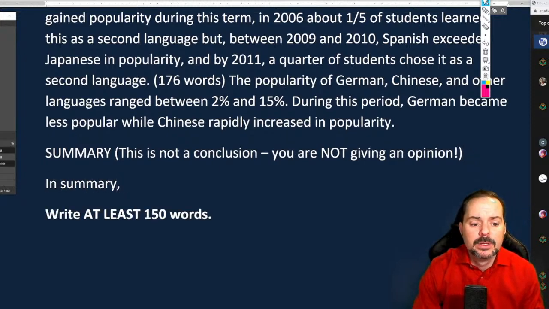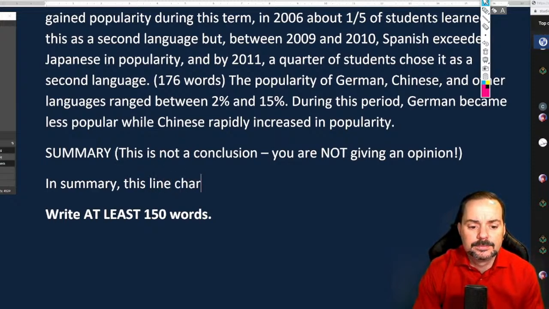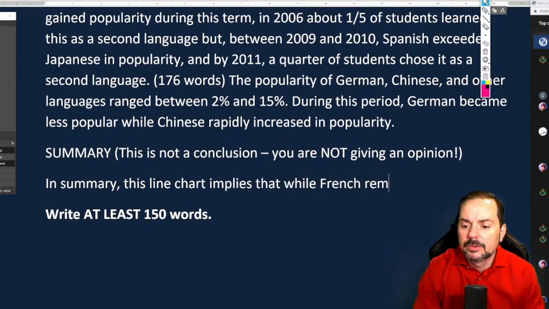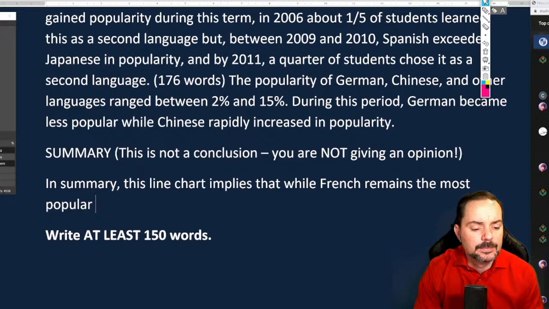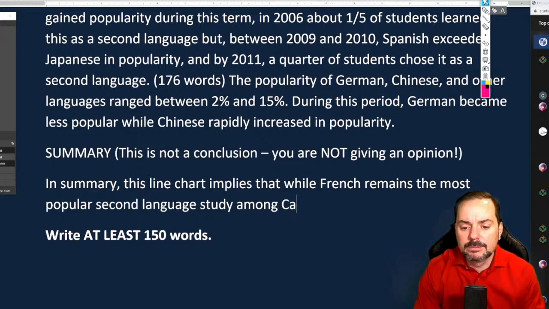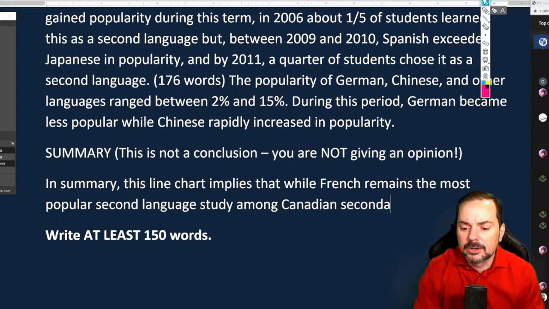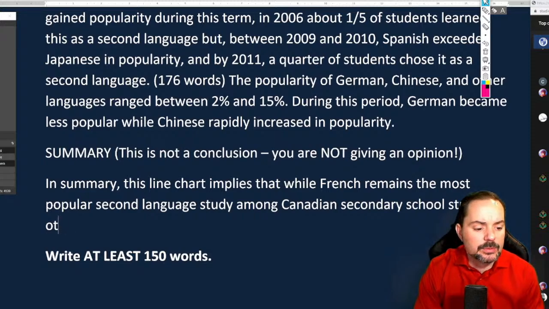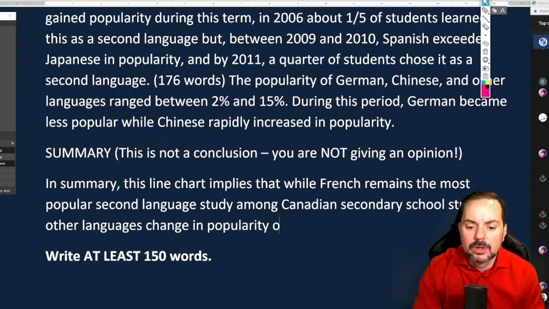Okay, so in summary, this line graph implies that while French remains the most popular second language study among Canadian secondary school students, other languages change in popularity over time.